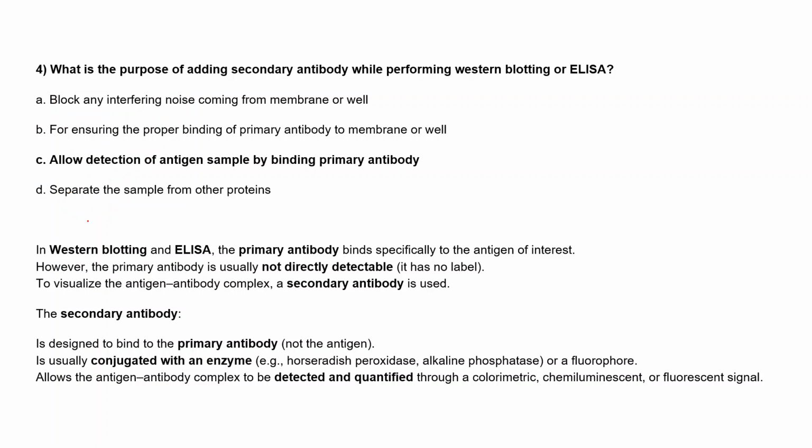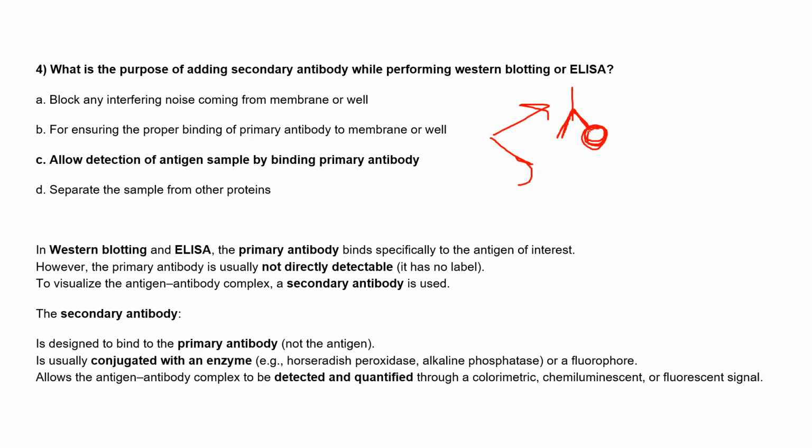So in Western blotting and in ELISA also, we know that after the primary antibody we have to go for the secondary antibody, right? So there are two antibodies, one primary and another secondary, in both Western blotting and ELISA techniques. The primary antibody is first added to the particular protein whose bands we want to see.